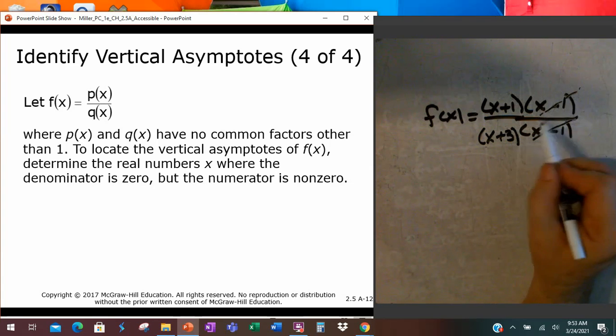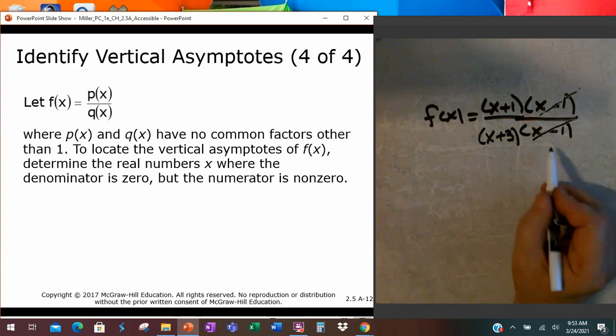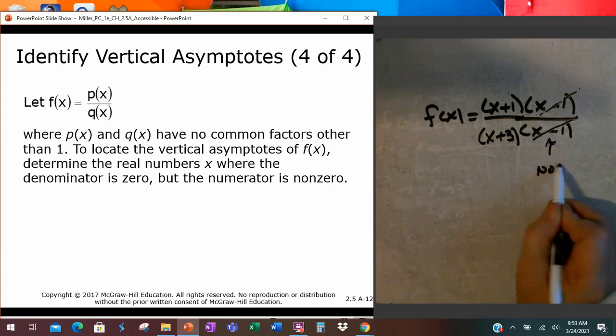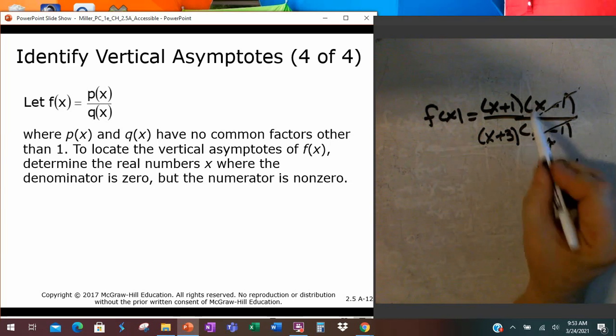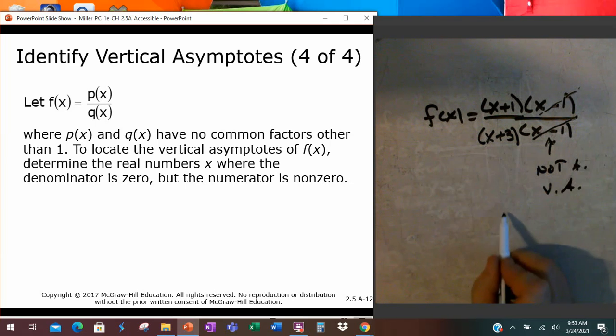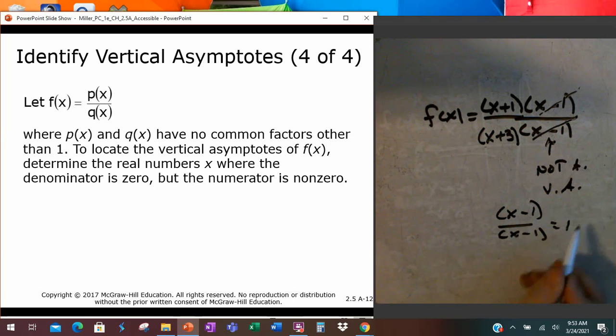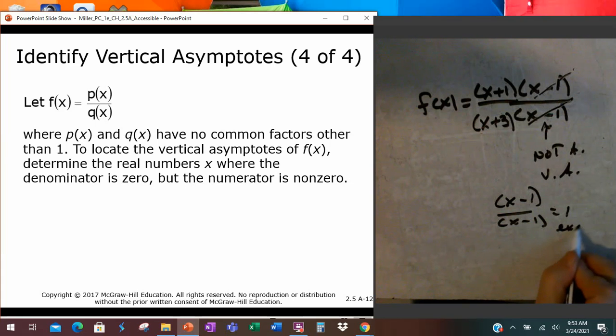So I have one common factor. I cancel this out. This is not a vertical asymptote. What happens is this factor, x minus 1 over x minus 1, is equal to 1 except where x is equal to 1. So 1 is not in the domain.